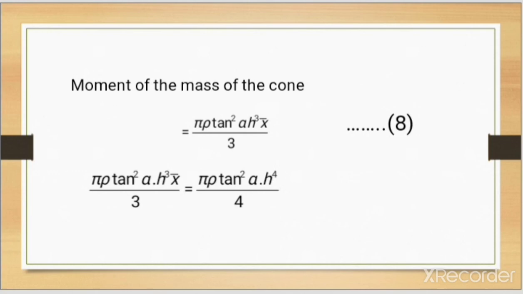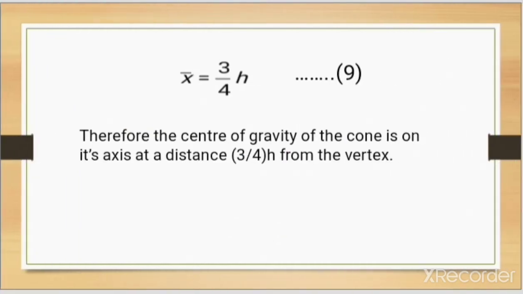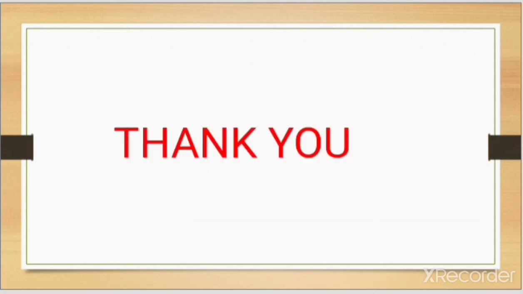After cancelling pi rho tan square alpha h cube, we get x bar equal to 3 by 4 h. Therefore, the center of gravity of the cone is on its axis at a distance 3 by 4 h from the vertex. Thank you.